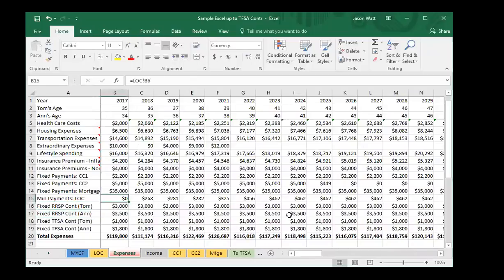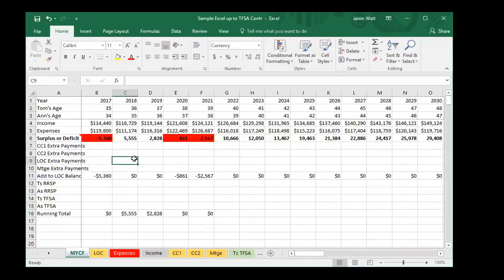So now we've got it. We're good, and we can see the actual interest becoming an expense, which does change our multi-year cash flow over here. We actually have a smaller surplus available than we had a moment ago. I'm going to save everything because I feel like getting that circular reference thing hammered out was a little bit of a victory.